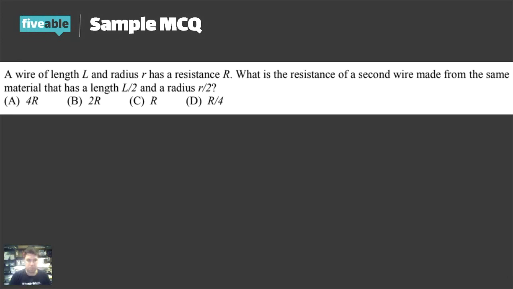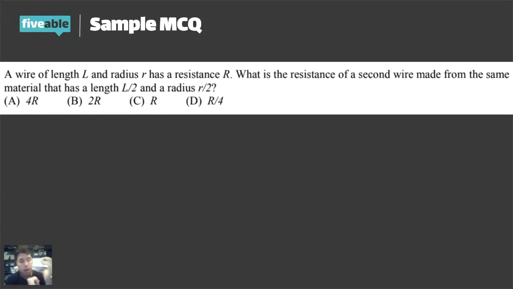If you want to imagine this little marker as my wire, when they talk about radius in this question, they're talking about the radius of the circle, the radius of the cylinder itself. Unlike the previous question where they're using R to talk about the radius of the loop. So this is simply L, length of the wire, and R, radius of this wire.